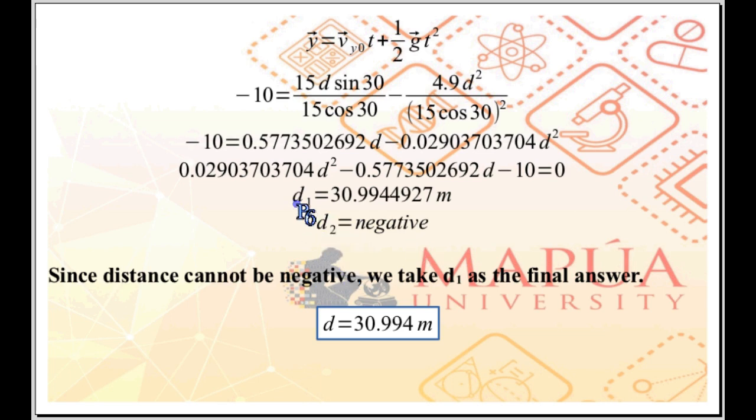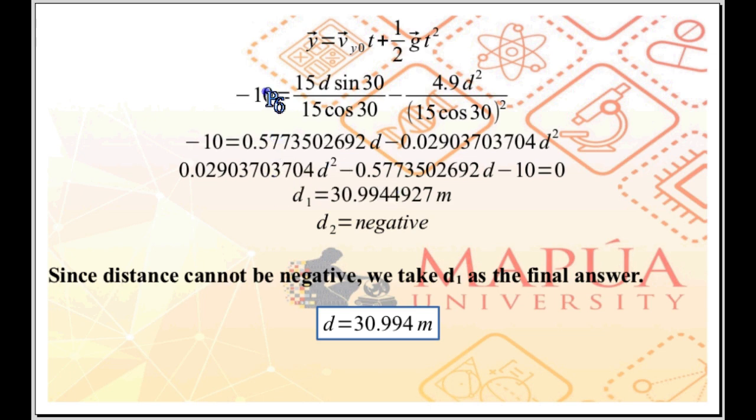We'll just use the positive answer. We take D1 as the final answer. Therefore, the distance D between the two buildings is 30.994 meters.